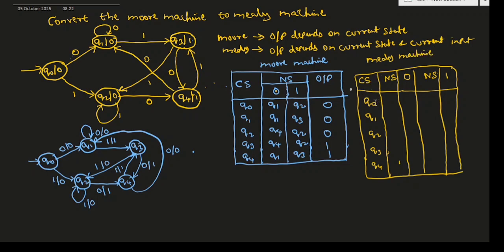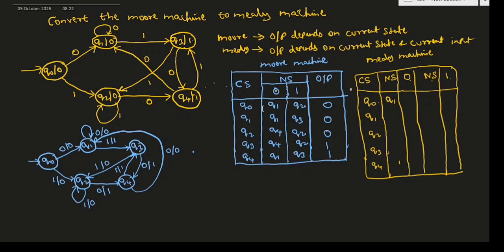You have current states Q0 to Q4, then the next state and output for current input 0, and the next state and output for current input 1. Now when 0 is applied in Q0, where does it go? It goes to Q1.